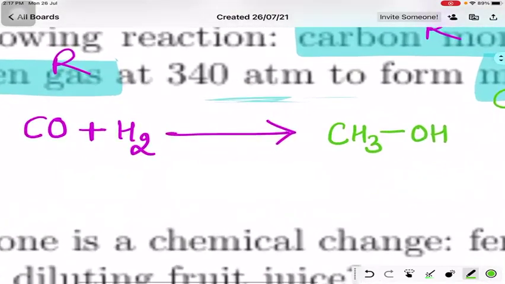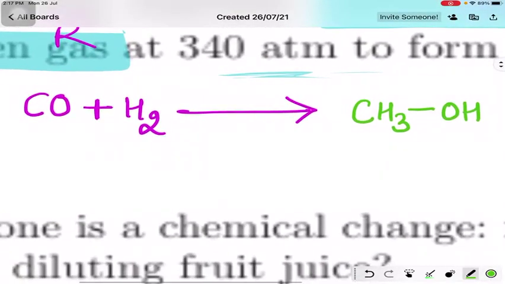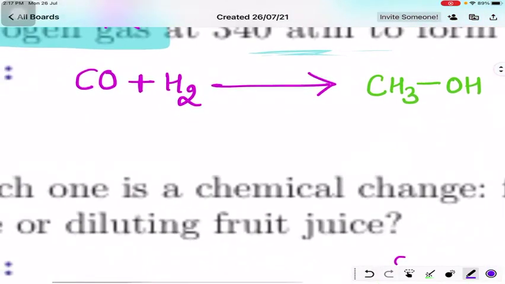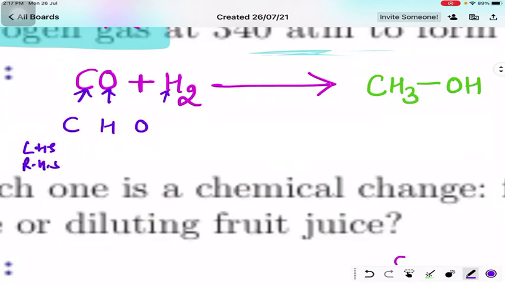Now you have to balance this equation. In order to balance, you can count the number of atoms of the different elements, because the elements present here are carbon, oxygen and hydrogen. Carbon on the left hand side is 1, on the right hand side also 1.